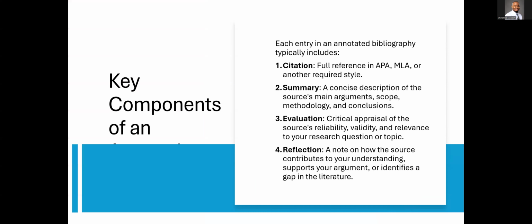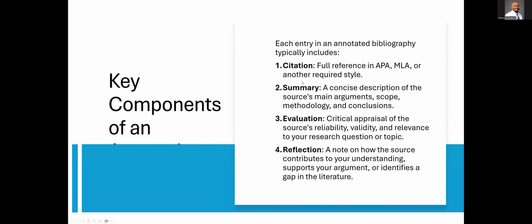Okay. Now, these are the key components of an annotated bibliography, which we are going to practice now with the remaining time that we have. An annotated bibliography usually includes a citation, depending on whatever you are using. But for today, we will make use of APA.